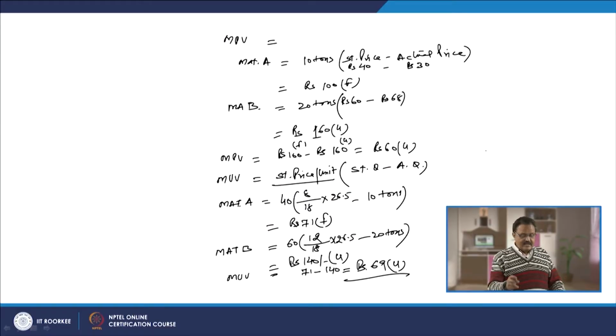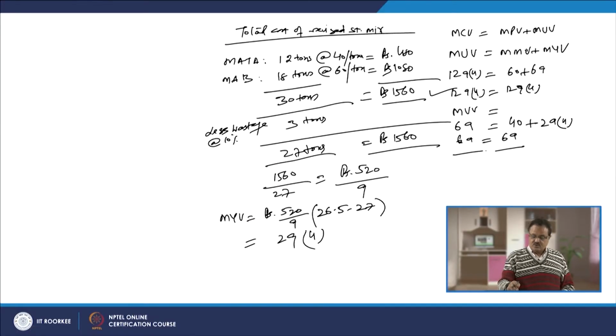So we will start working out these variances now. The first variance we will be calculating is the material cost variance. For calculating it, it is the standard cost of material minus actual cost of material. In this case it is not material, it is mix, because we have two types of materials.